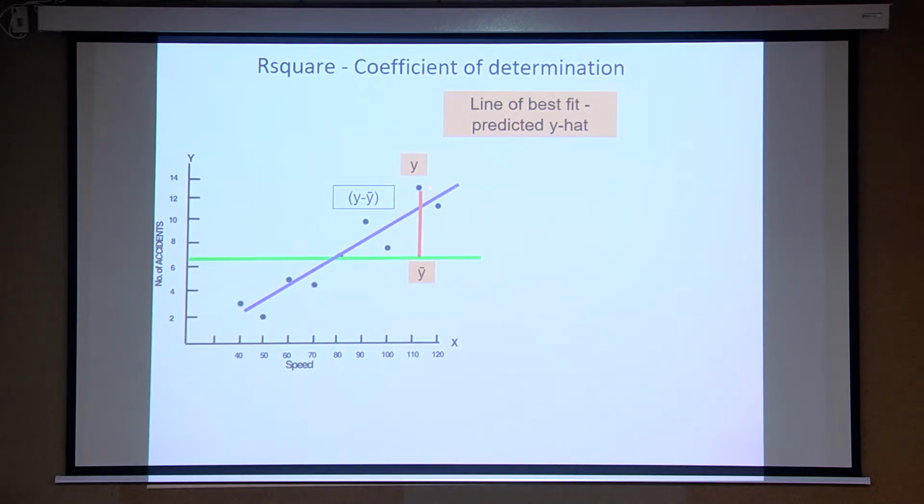So there are two positions. This point, so this green line, this deviation is explained by the regression equation. So the regression equation explains this, allows this deviation, but this red is beyond the regression equation. So this is not explained by the regression equation.